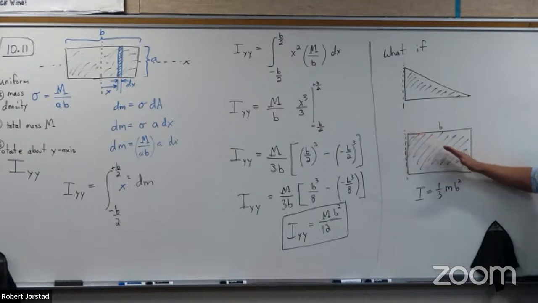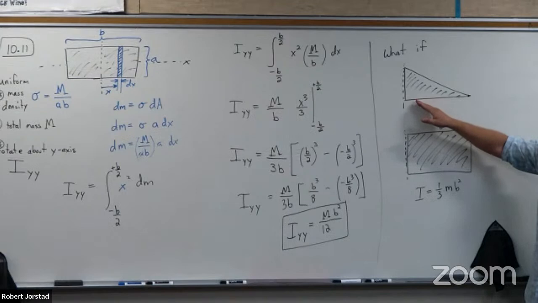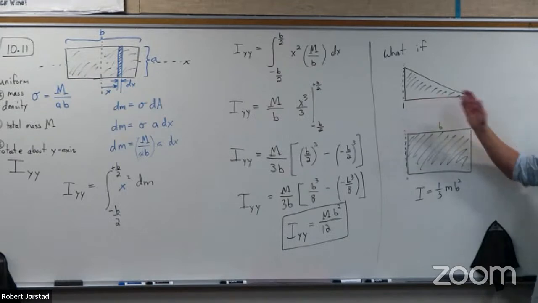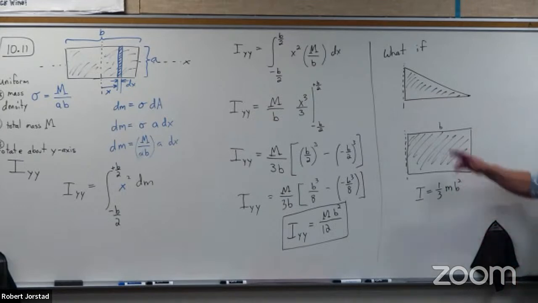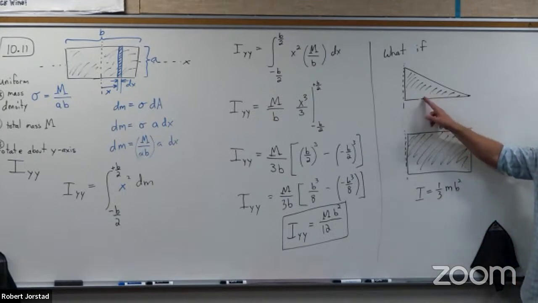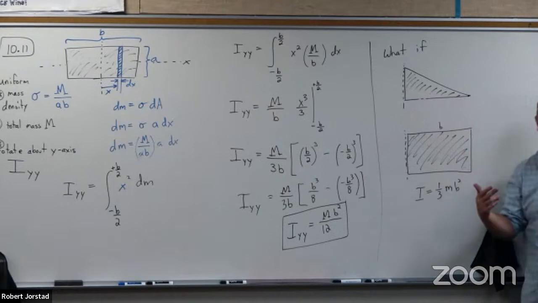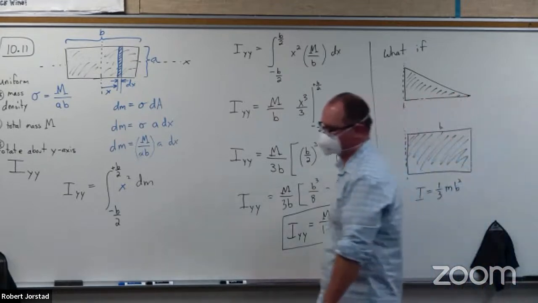But when you cut it this way, what happens to the mass on average? Does it get closer or farther to the axis percentage-wise? Closer. So the moment of inertia of this is actually less than half. Isn't that weird?